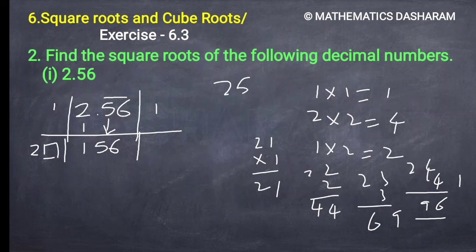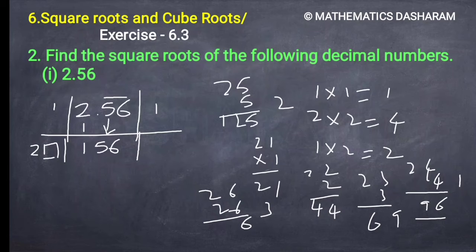Next 25 into 5: 5 5s are 25, 2 carry, 5 2s are 10 plus 2 is 12. Next 26 into 6: 6 6s are 36, 3 carry, 6 2s are 12 plus 3 is 15.